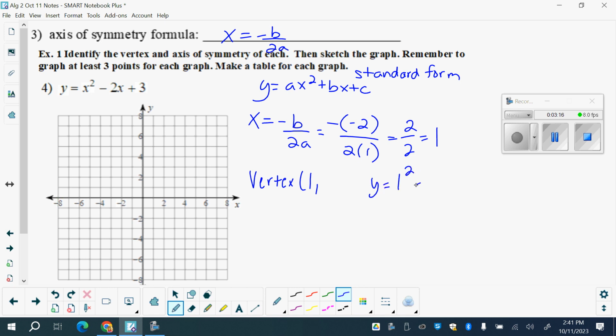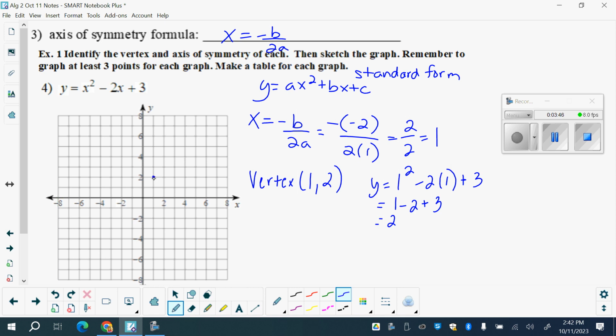So we have 1 squared minus 2 times 1 plus 3, and then we simplify that. So 1 minus 2 plus 3, which equals what? It's equal to 2. So our y value of our vertex is going to be 2. So our vertex is going to be (1, 2).